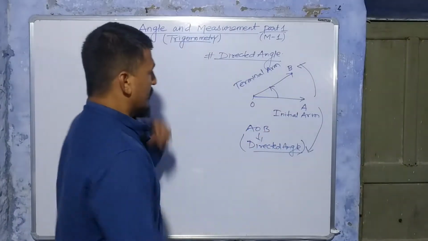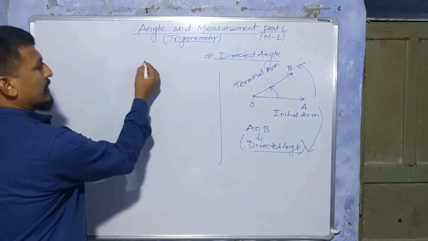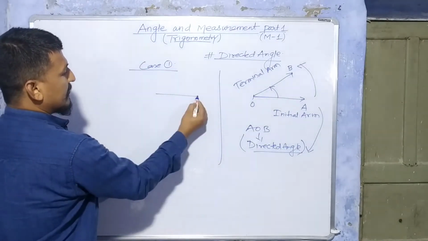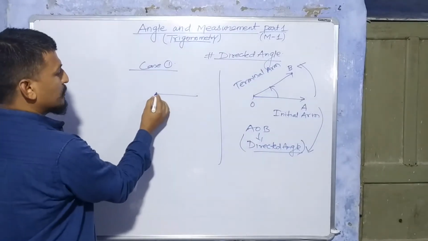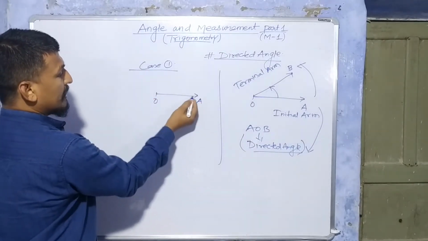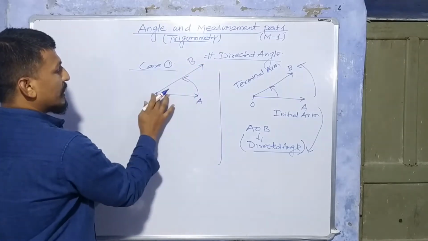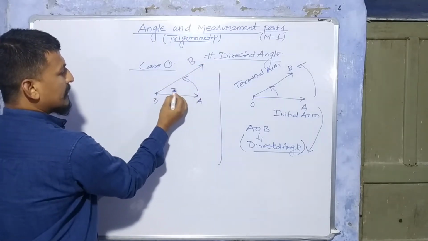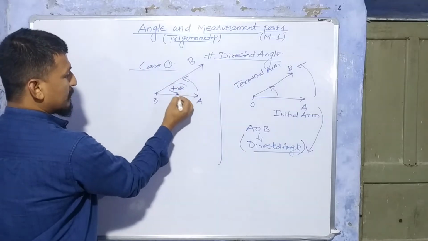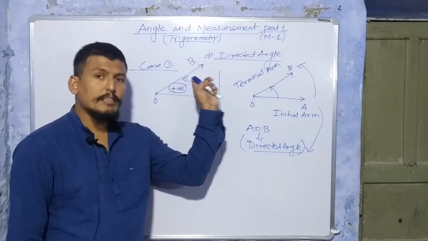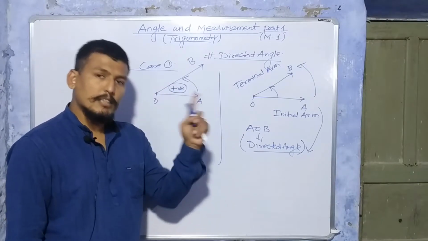Now see here, case one. If the directed angle is in the anti-clockwise direction, suppose this is O, this is A, and it is rotated across this, so this is B. So this angle AOB is treated as positive. If the rotation is anti-clockwise, the angle is taken as positive.